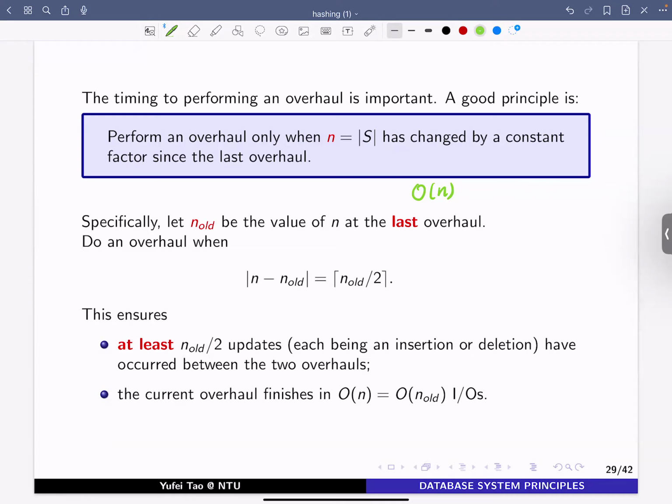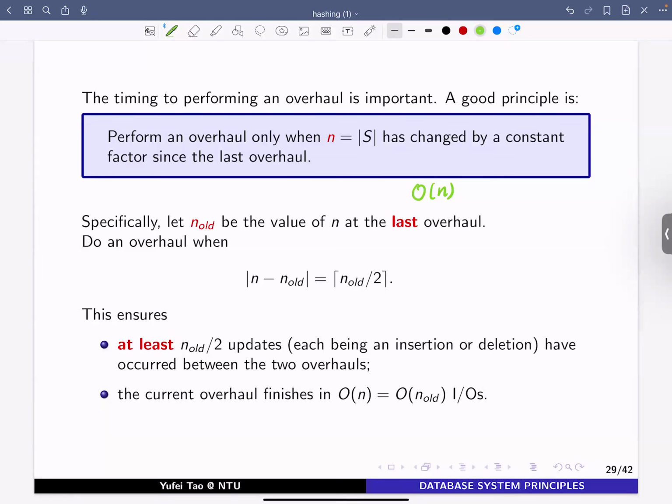In computer science, there's this interesting phenomenon that even though occasionally I have to do something hugely expensive, such as an overhaul, as long as I don't do it too often, overall, it's fine. The total number of IOs for me to support a lot of operations in total can still be proved to be something very low.